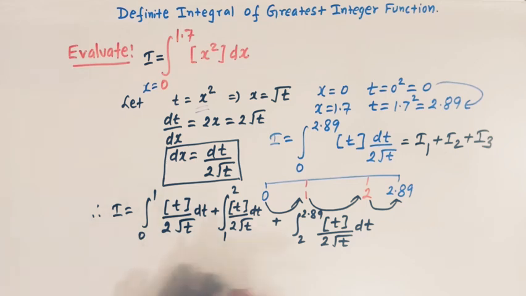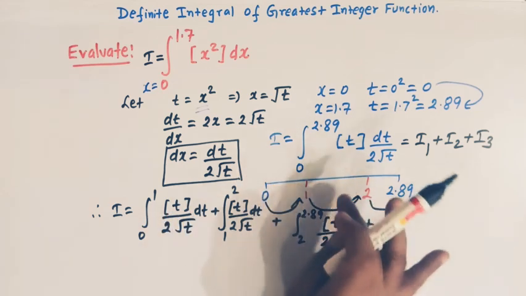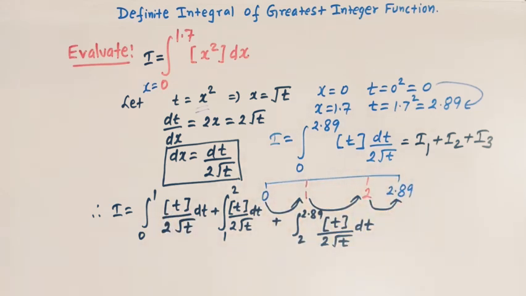So I is the sum of these three integrals, and now let us assign the value of this greatest integer t in these three intervals.